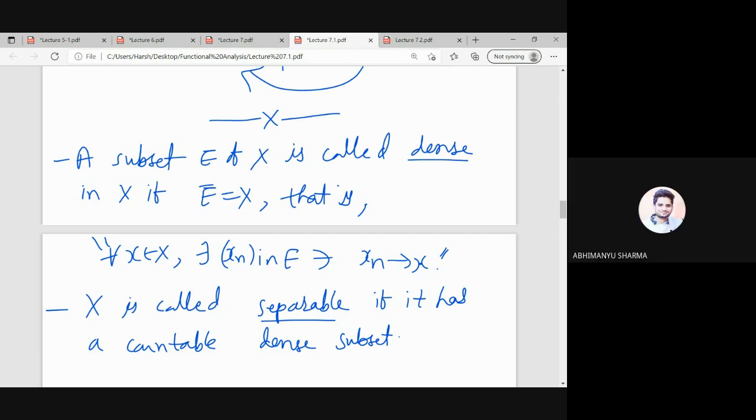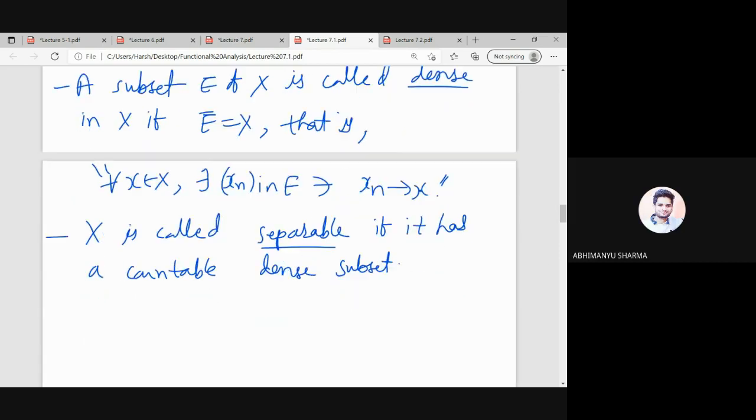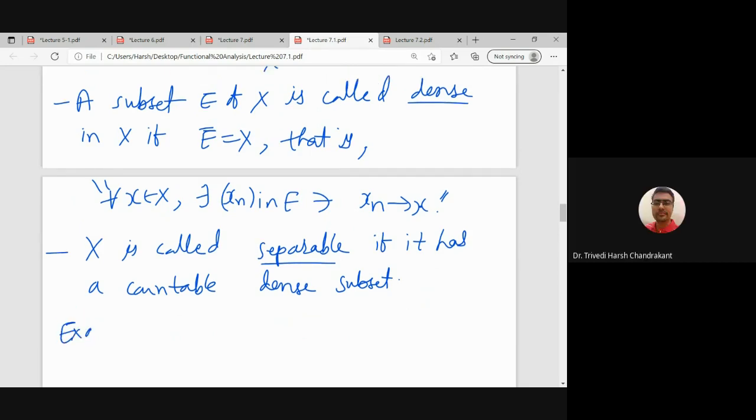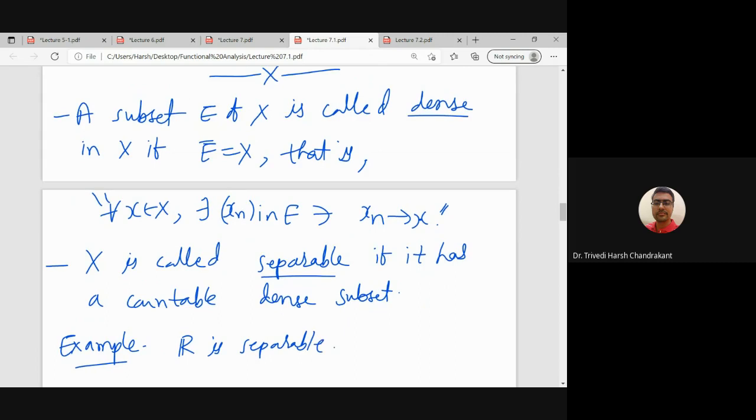Yes, sir, it is separable because the set of rational numbers is dense in R. So that is an example. The set of rational numbers is a countable set, and it is dense in R.